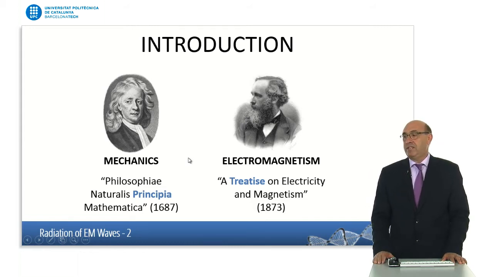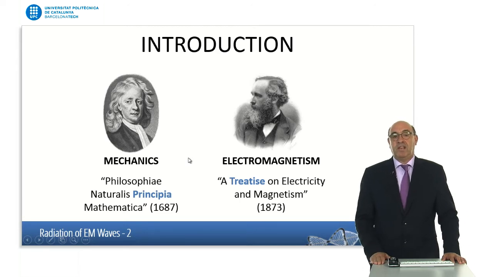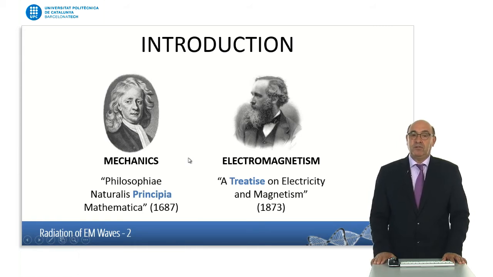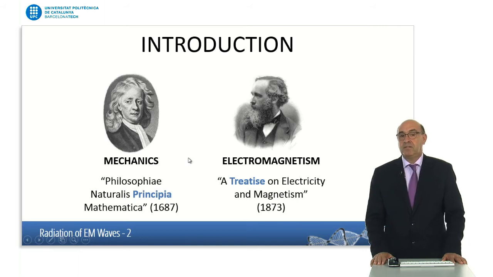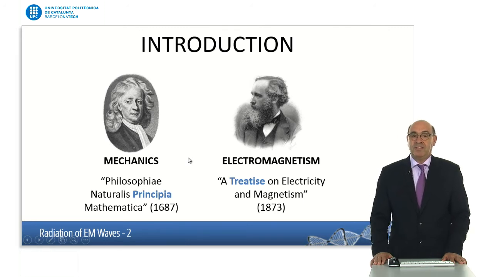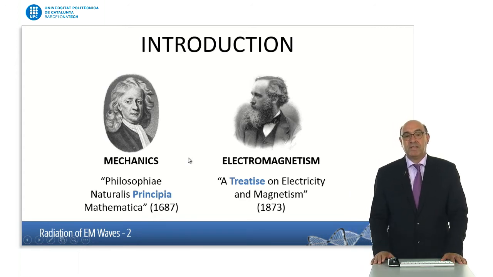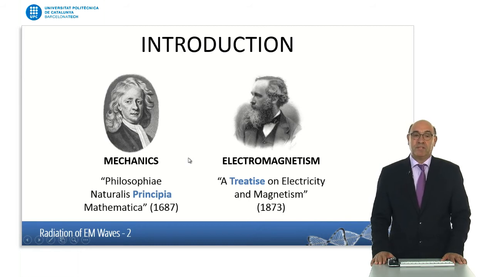And Maxwell did exactly the same thing with the electrical and magnetic problems. He also introduced light into the theory and proved that the light is nothing different to an electromagnetic wave. It belongs to this class. Newton, on the other hand, had already considered light to be made of corpuscles, and Maxwell has shown that they are waves.